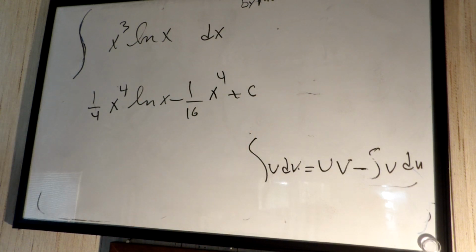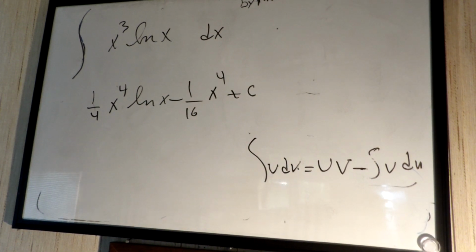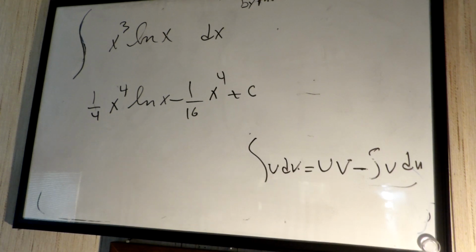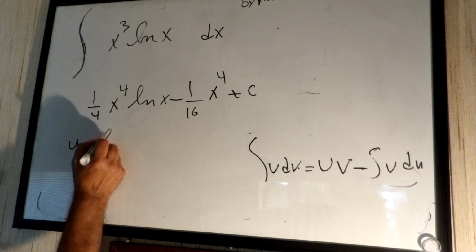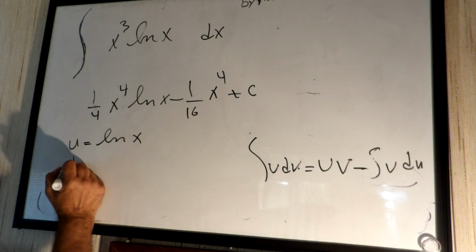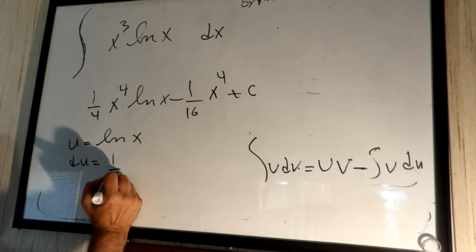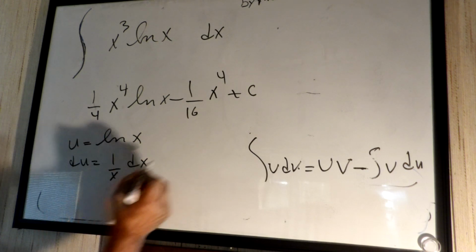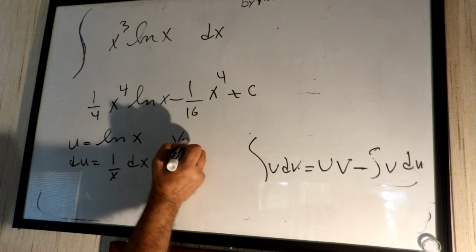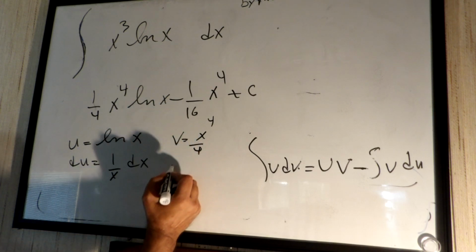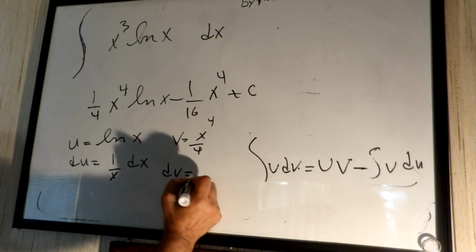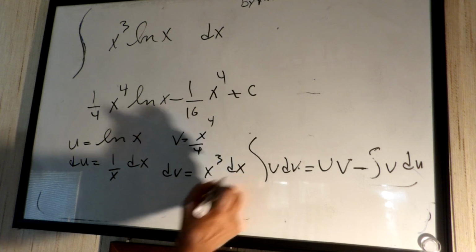You have to do it yourself to see, but I tell you what it is. u is going to be ln x, du is going to be 1 over x dx, v is x^4 over 4, dv is going to be x^3 dx.